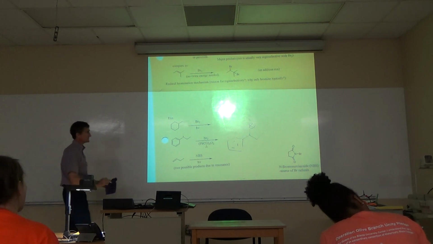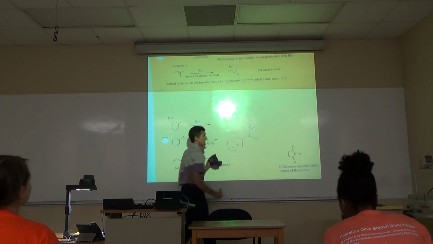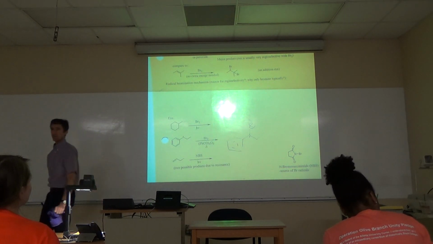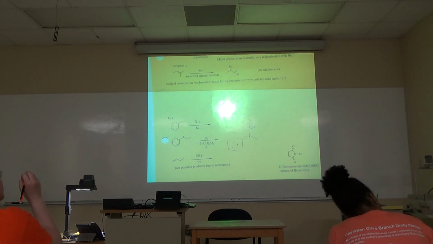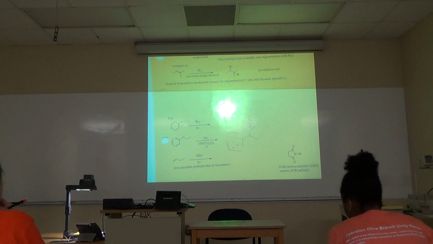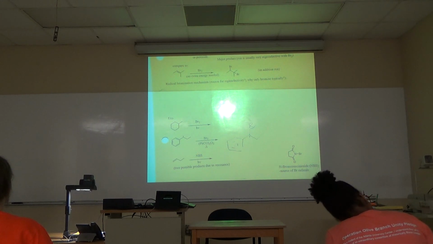A couple things here. We have a carbon. Will it be R or S? The carbon is now chiral. R or S? S. Why would it be S? Because the Br is a high-priority group and then going counterclockwise.